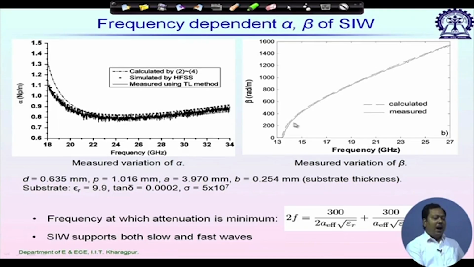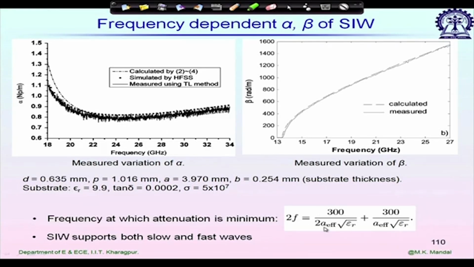If we move away from the cutoff frequency, the dispersion effect will decrease. So we have a closed form expression where attenuation is minimum. Approximately, F naught, where the attenuation is minimum, is 1.5 times the cutoff frequency.